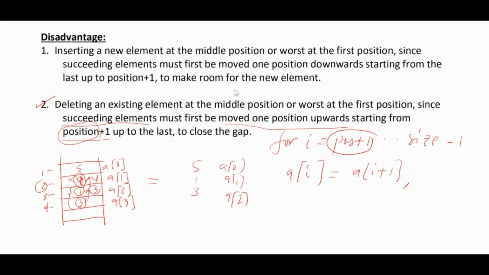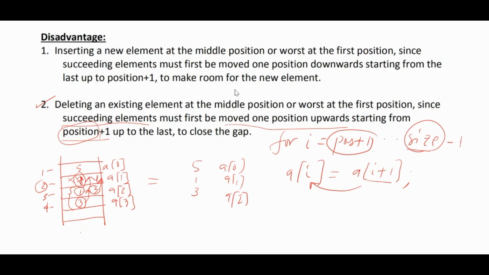You move it up, okay? So the higher index goes to the previous index. So moving up. And you have to do that from this up to the last, okay? So size minus 1, where size is the number of elements.